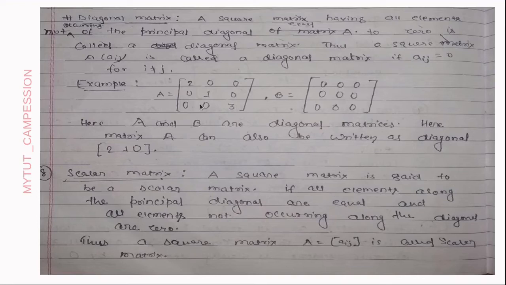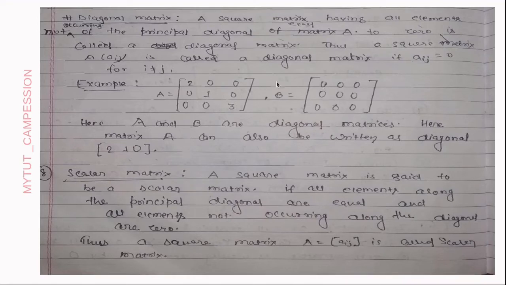In simple words, a square matrix whose entries, except those on the principal diagonal, are all equal to 0 is a diagonal matrix.